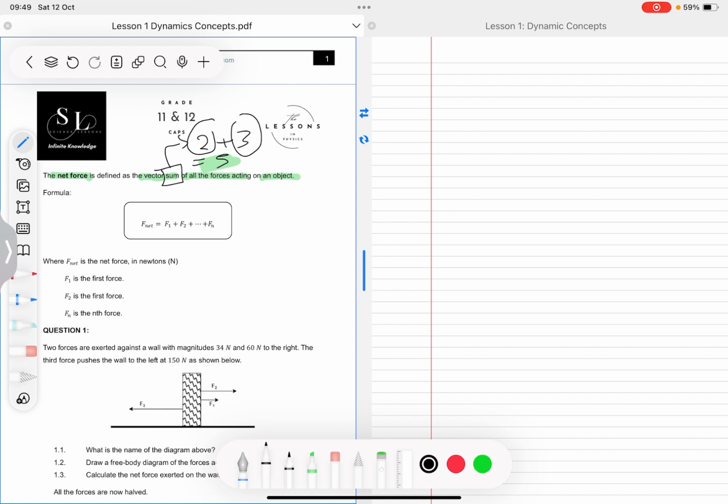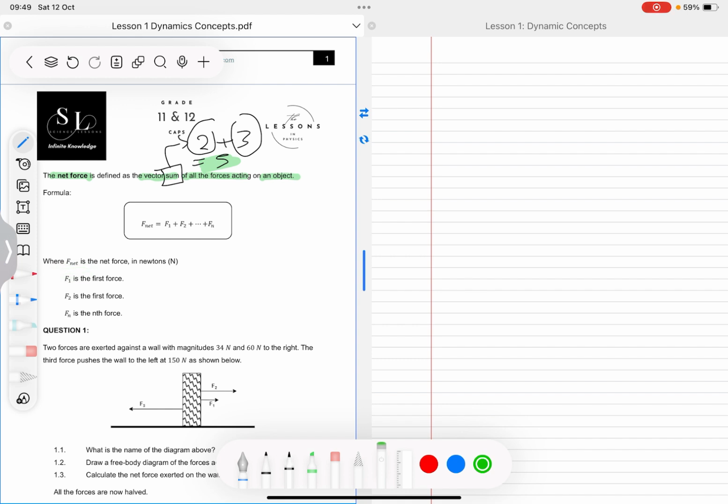So the same logic is used when we define the net force. If you add the first force, F1, and you add the second force, F2, and you continue adding other forces until you get to the nth force, the answer that you get is called the net force, and it's represented by the symbol F with a superscript net at the bottom.